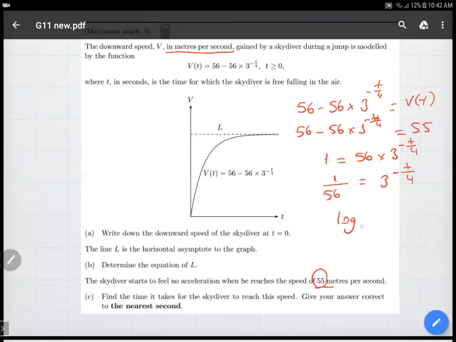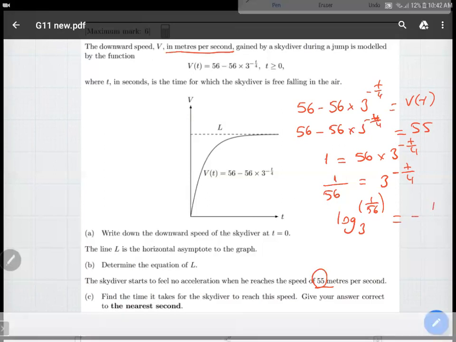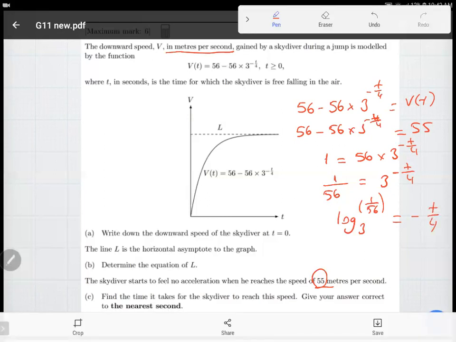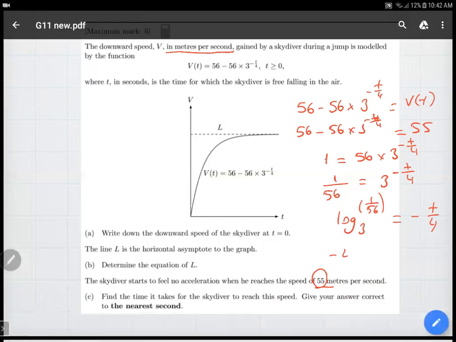Log base 3 of 1 over 56 is equal to negative t over 4. And if I multiply both sides by negative 4, then negative 4 times log base 3 of 1 over 56 is equal to t.